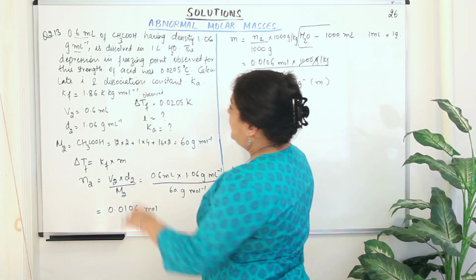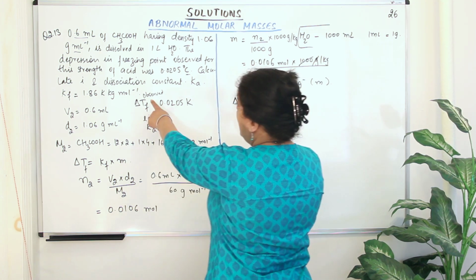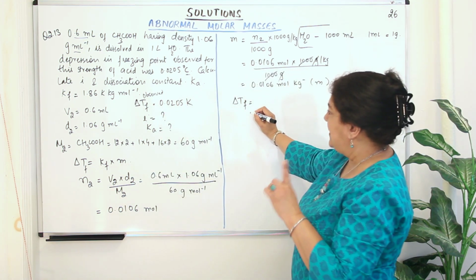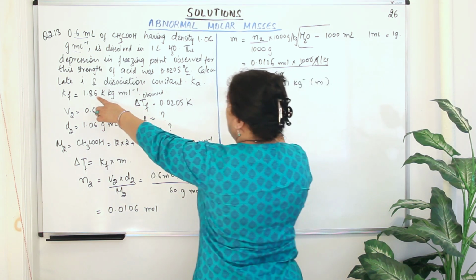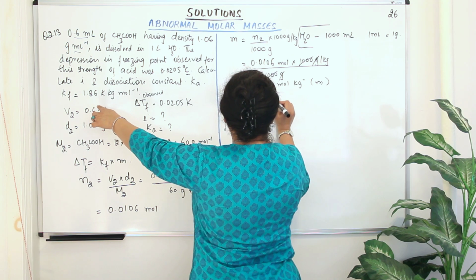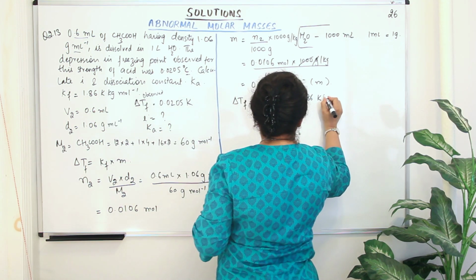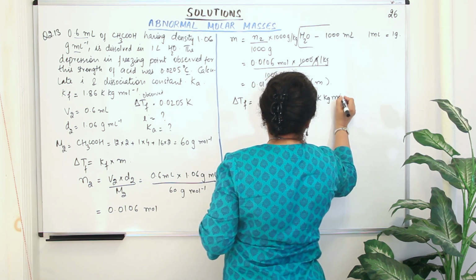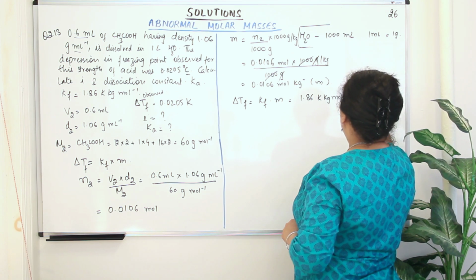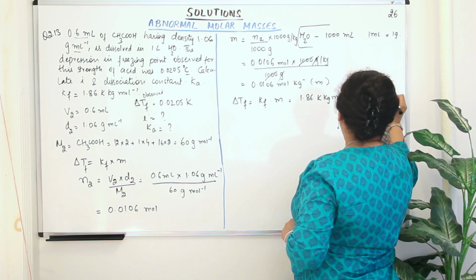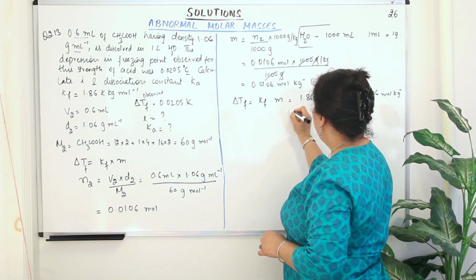Now, what is delta Tf? Delta Tf, we have to calculate. The value of Kf I found out from the table, delta Tf is equal to Kf into m. Kf is 1.86 Kelvin kg per mole, and m we just calculated is 0.0106 mole per kg, or small m also you can write.